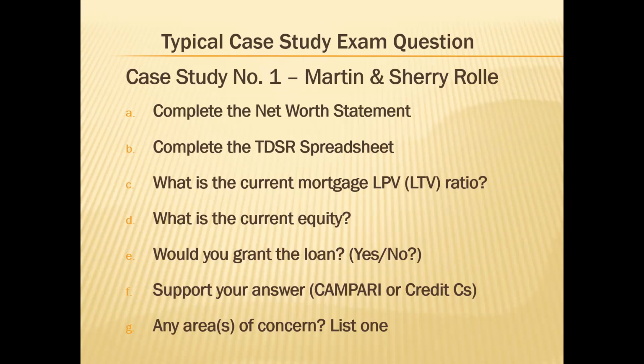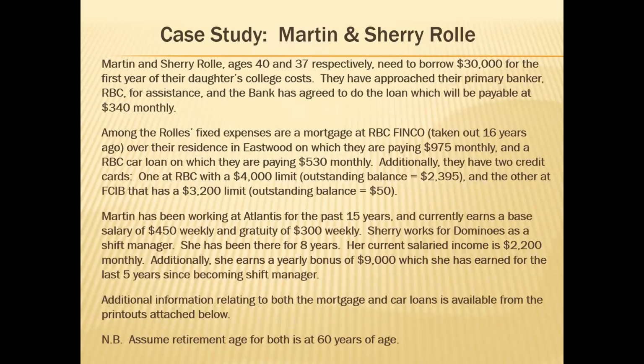What is the current equity? Would you grant the loan? Supporting your answer, and if there are any areas of concern. Okay, so we have the Martin and Sherry Rule case study. That's the narrative there.